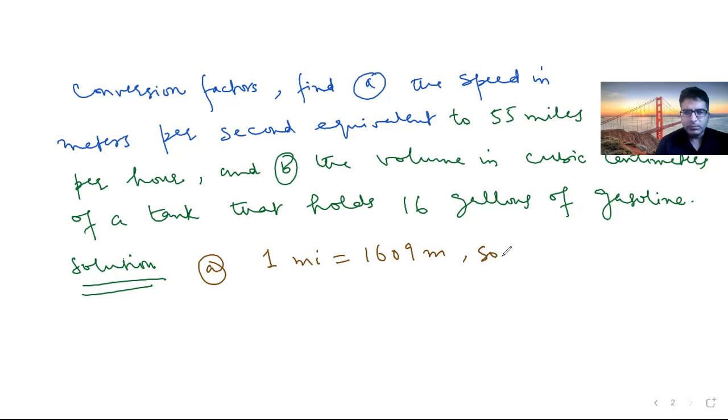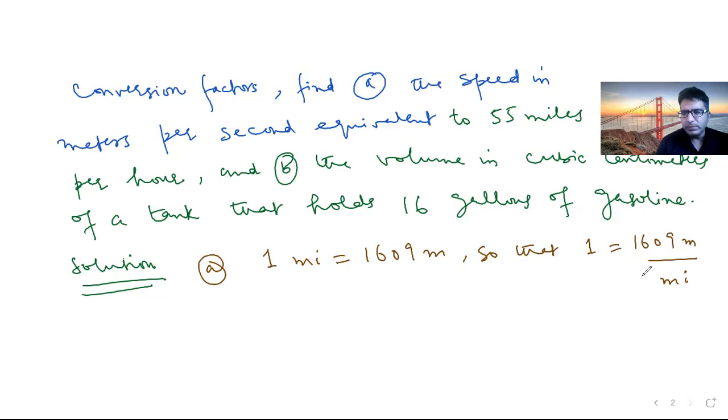So we can write 1 equal to 1609 meter over mile. Simple. This 1 we are writing as 1609 meter over mile. This mile is a multiplier with 1, so we take it into the denominator. So 1 is 1609 meter over 1 mile, right?